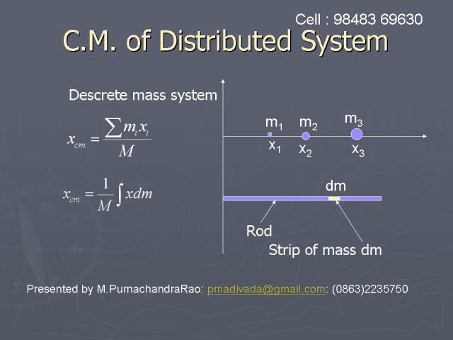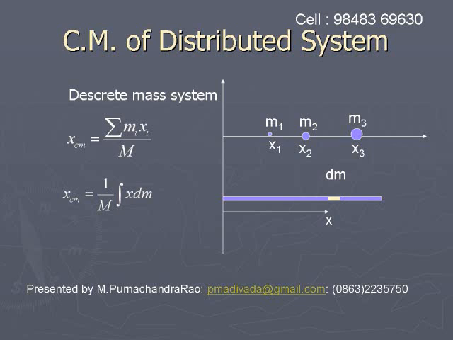If we consider a small elemental mass dm at a distance x from the origin, then the center of mass of the entire system is given by 1 by capital M integral x dm, where capital M represents the entire mass of the stick or the rod.